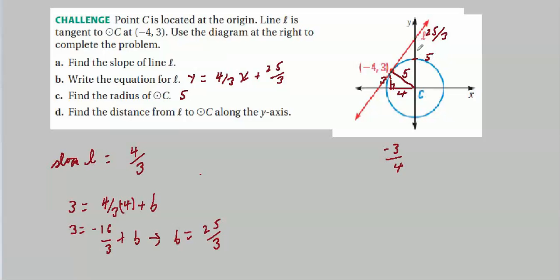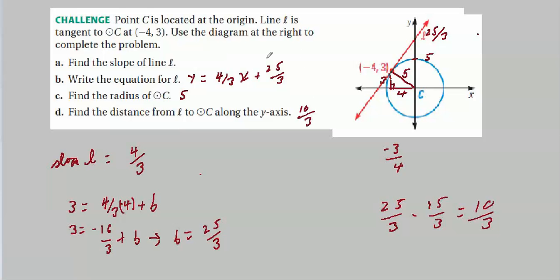So that'll be easy. Let's do it down here. 25 over 3 minus, how about 15 over 3? I get it right this time. And that would be 10 over 3. That's the answer to this one here. 10 over 3.